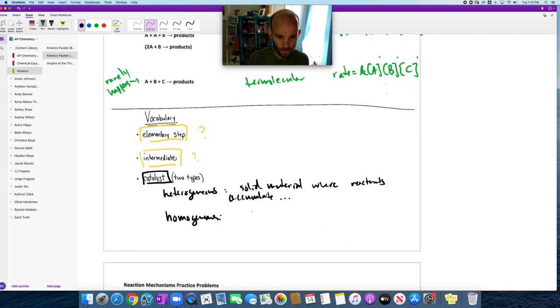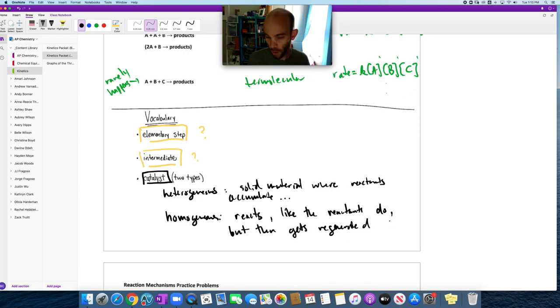And so it reacts like the reactants do, but then gets regenerated later on. And so its concentration remains constant. Okay, so its concentration doesn't really change at all throughout the course of the reaction. So reactants' concentrations are dropping, but a homogeneous catalyst, its concentration remains constant over time.